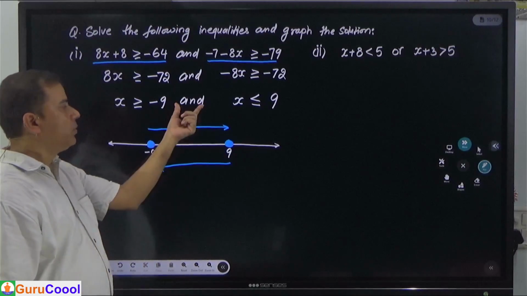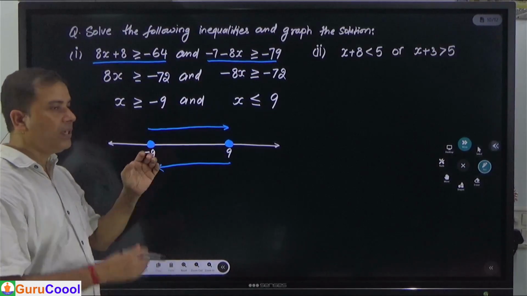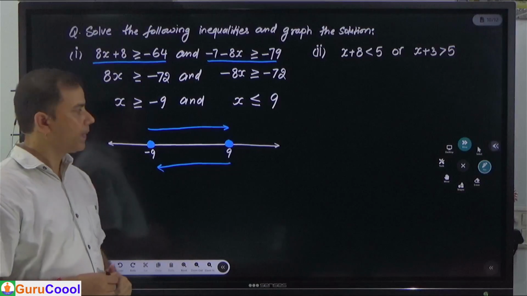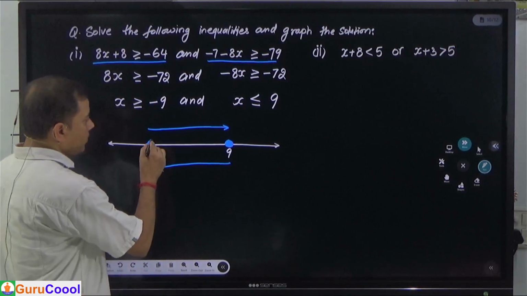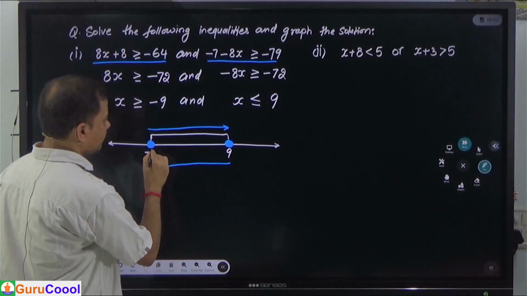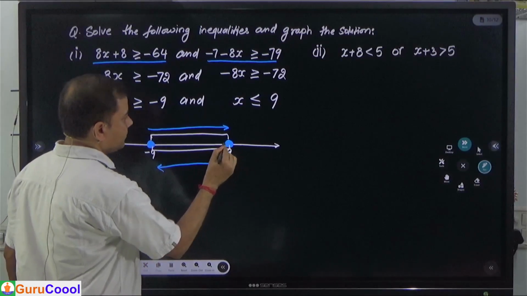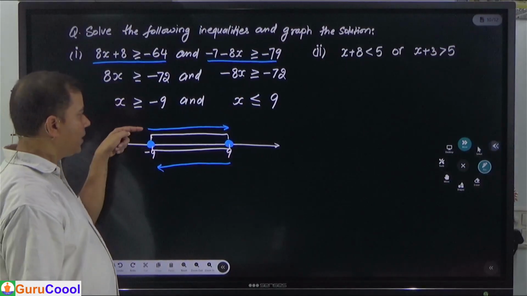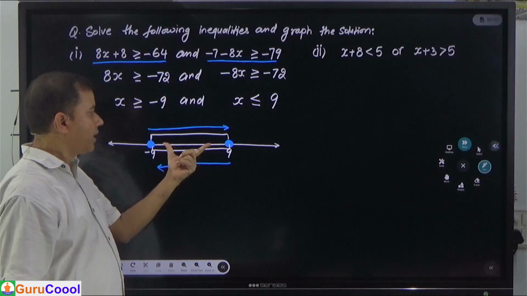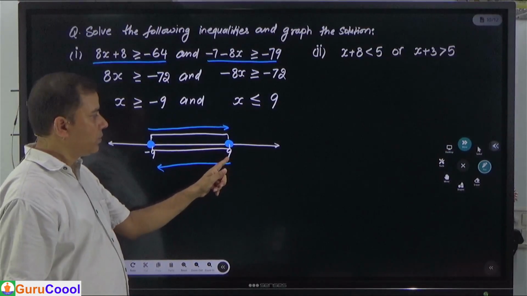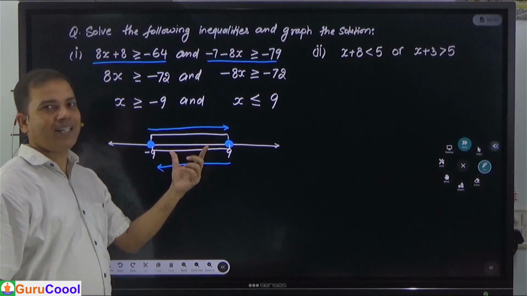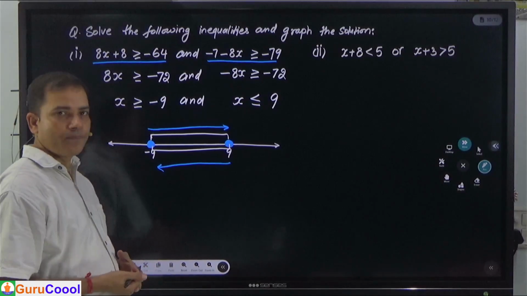But it is the word and, which means we have to choose a region which is common to both of them. So from here to here, this is the region in both of them. This region comes when you move from minus 9 to the right side, and when you go from positive 9 to the left side, you again travel this region.